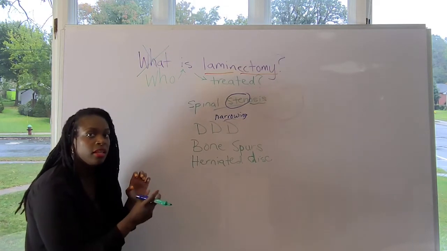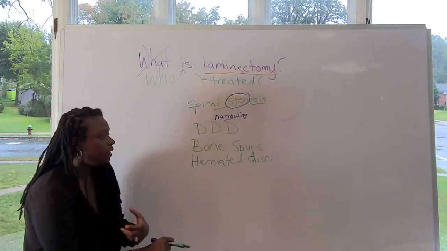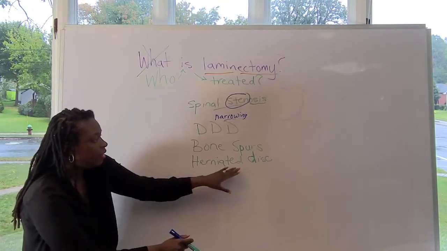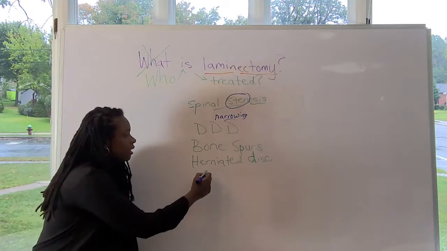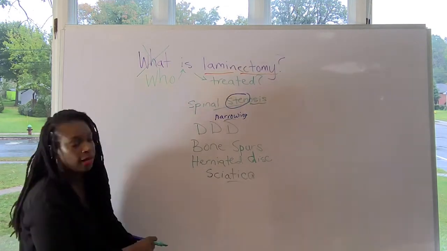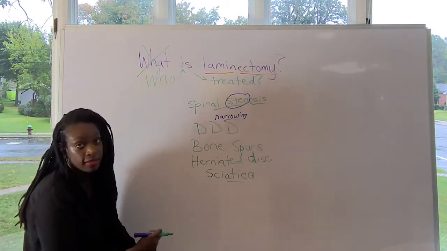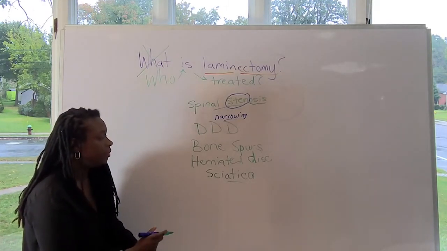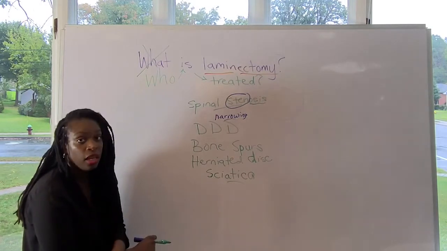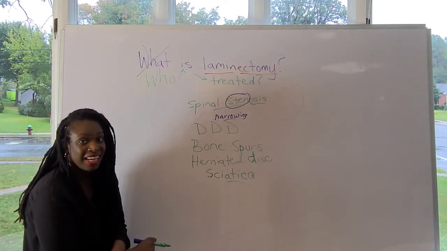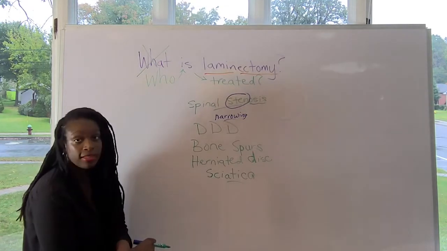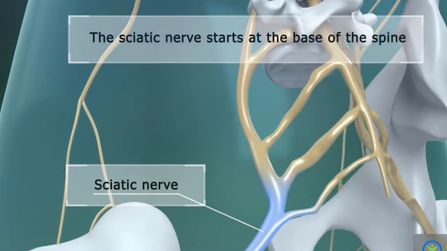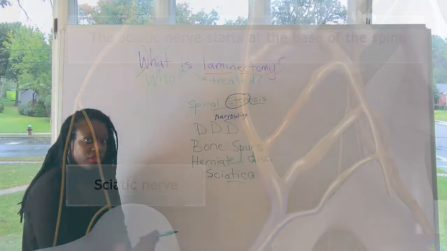The disc may slip or come out of place, depending on how many millimeters it comes out. But when a herniated disc happens, this can create something called sciatica. Like I said in series number 1, if you haven't watched it, you really need to. It is painful, and that is simply compression of the sciatic nerve, hence sciatica. This is the longest nerve in the body, running from the spine all the way down to your foot.